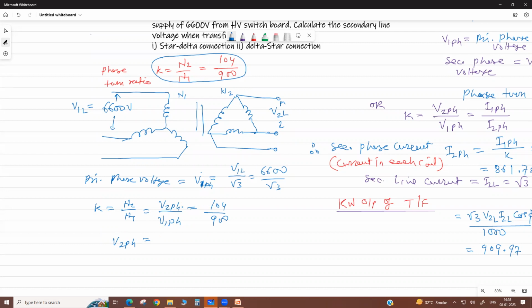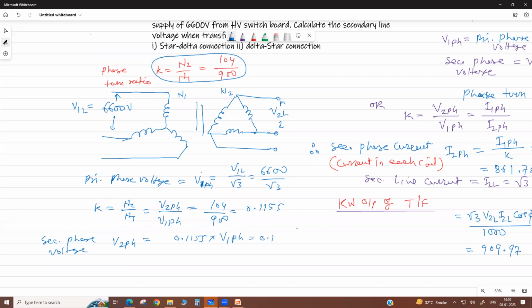Now see, in secondary side, the turn ratio comes 0.1155. So V2 phase, the secondary phase voltage, is 0.1155 into the primary phase voltage.